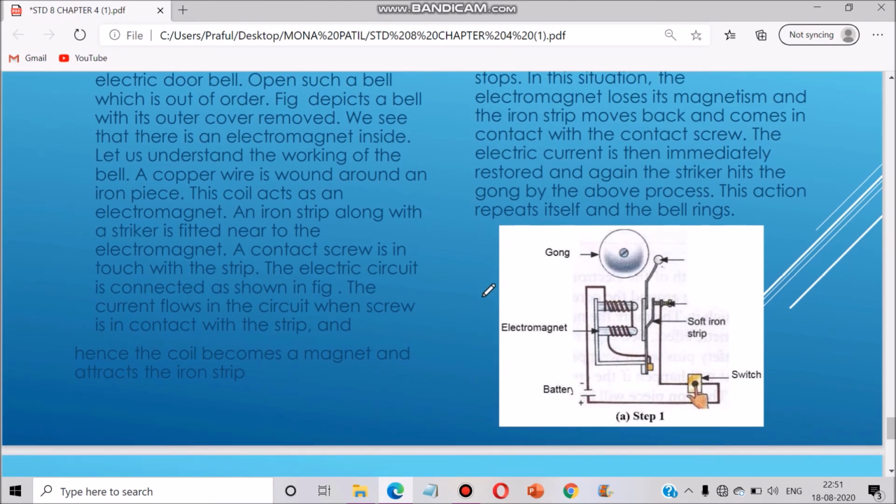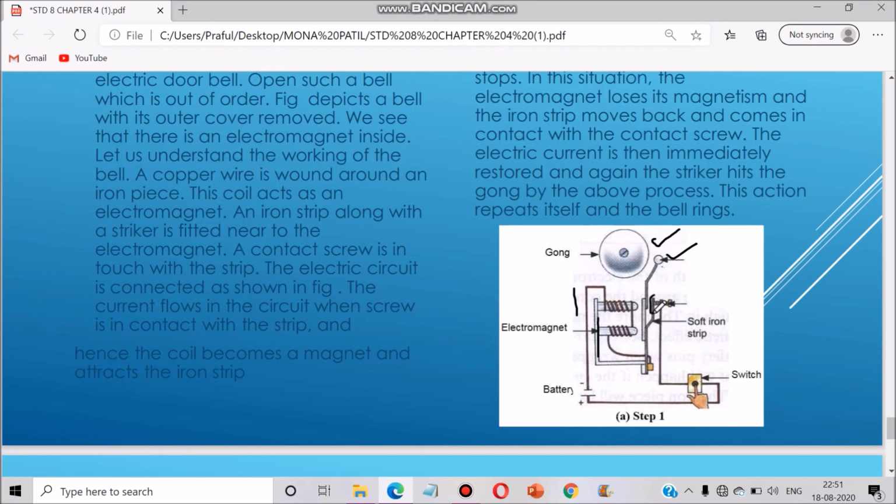Here you can see the copper wire wound on 2 rods, and there is a strip attached to it. An iron strip along with a striker. Here is the striker, and here you can see the gong, near this striker.